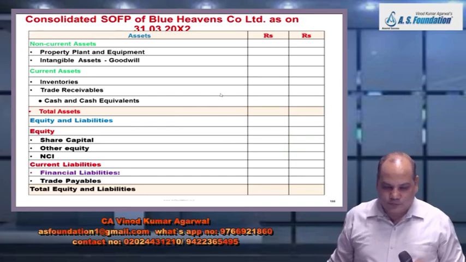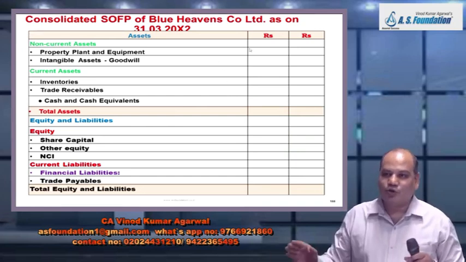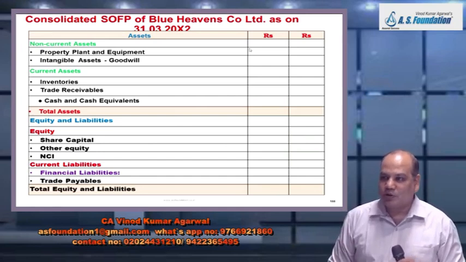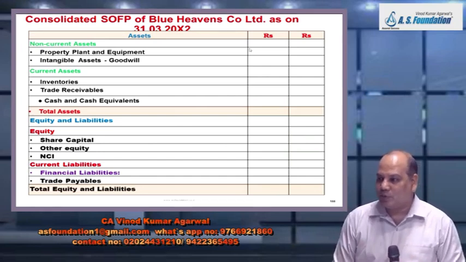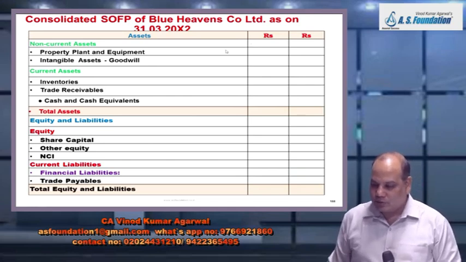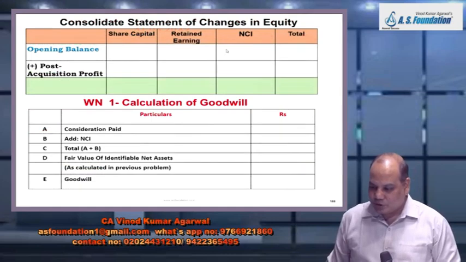But still, for classroom and exam, one can assume that NCI is also proportionately valued based on the fair value of the parent proportion. Okay, so let us start. This time we'll have one consolidated SOFP, statement of changes in equity, and one NCI also. So there is one NCI column in your notes? Yes. So dear students, start.